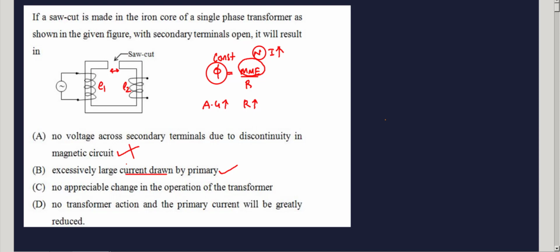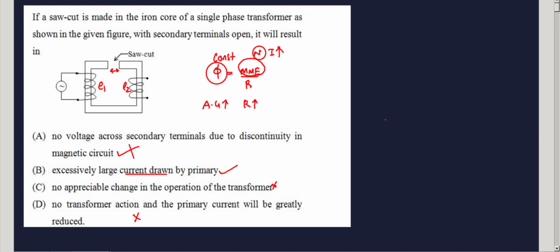This is a wrong option. No transformer action? This is wrong and this is wrong. So if you have an open, there will also be induced EMF there, but there will be excessive large current in the primary.